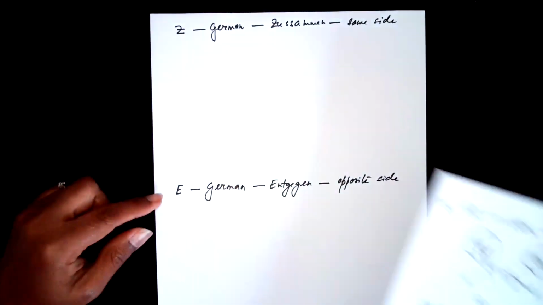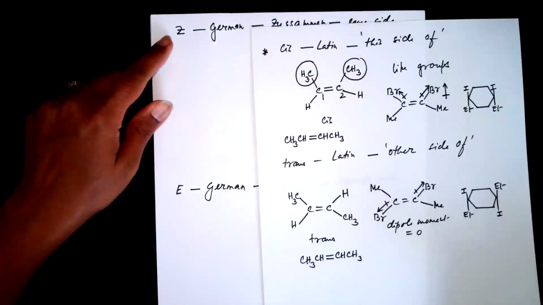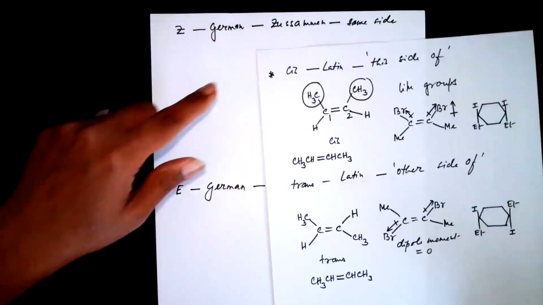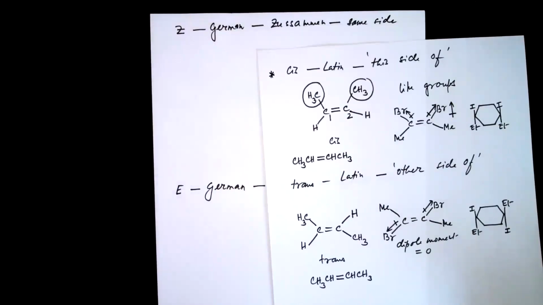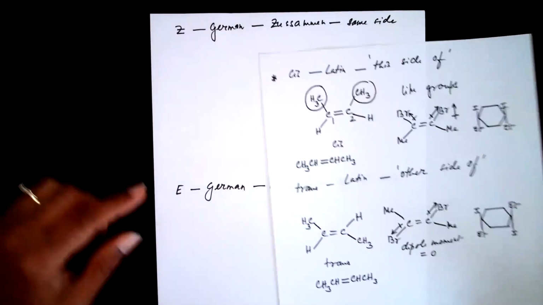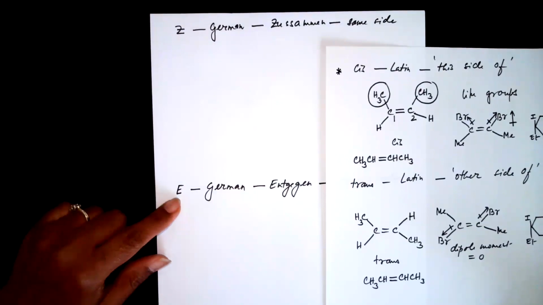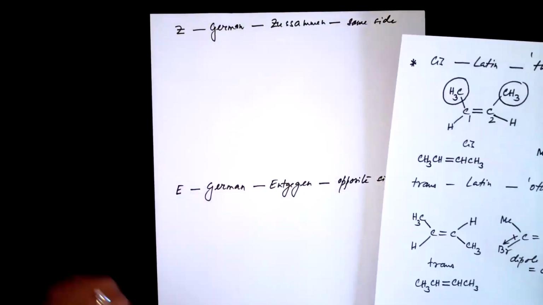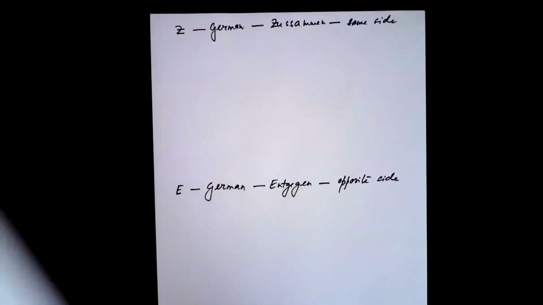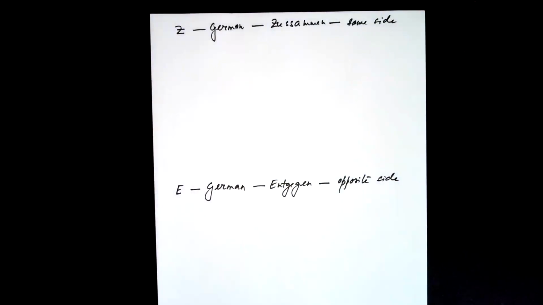Z looks very similar to the cis form, where the two things I am looking out for would be on the same side of the double bond, and with E, they would be on the opposite side. But the only difference is that this time I would not be able to find like groups. When it was like groups, it was easier for me to spot.